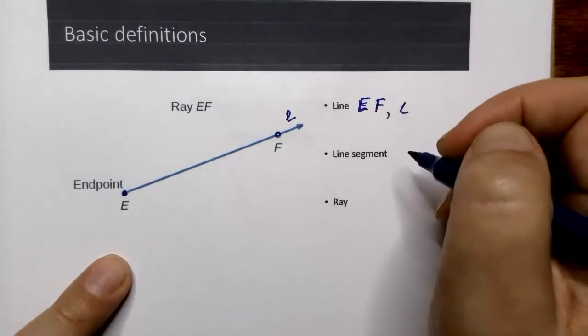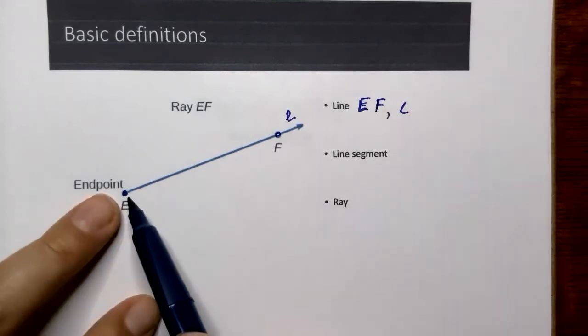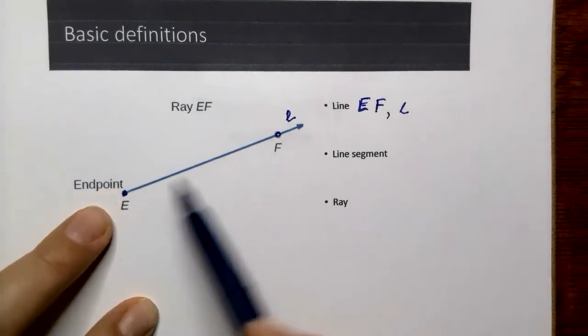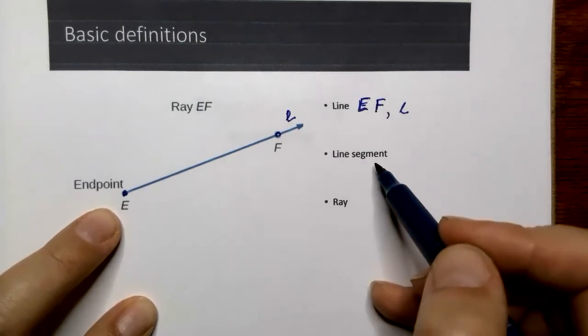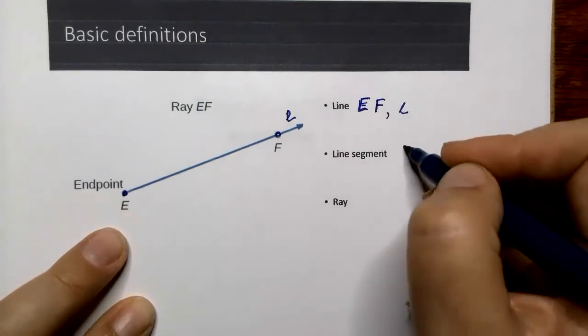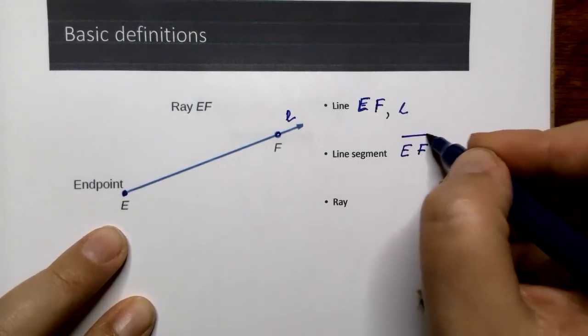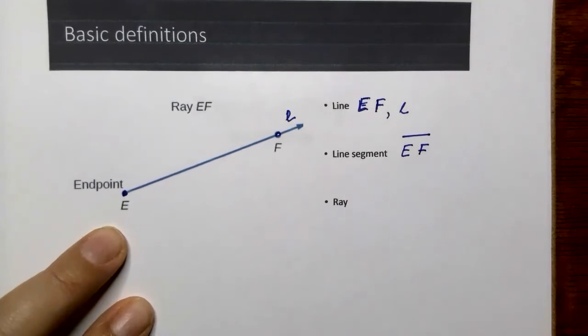to name a line. Now, if we're only referring to a part of the line between 2 points, E and F, we're going to call this a line segment. The way we denote it is EF with a bar above it.